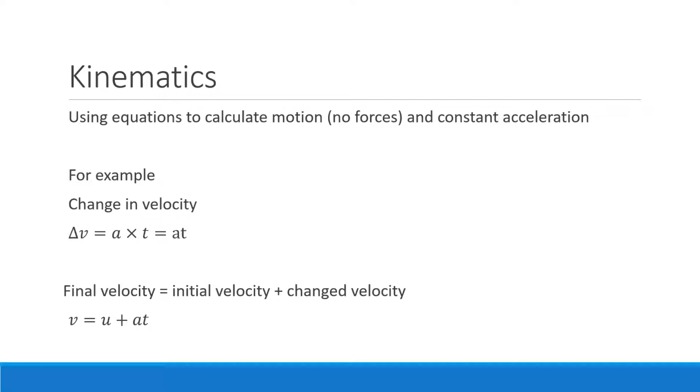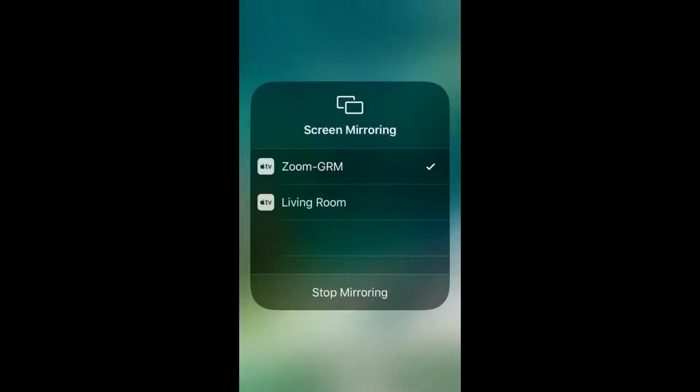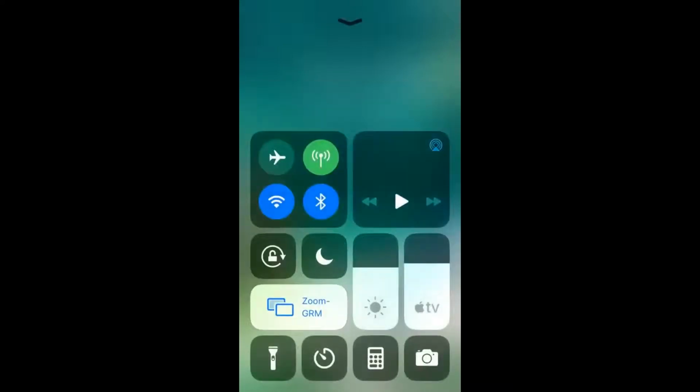Ladies and gents, I'm going to try something. This might not work, but I'm going to give it a try. All right.